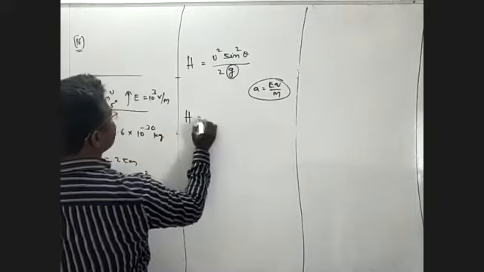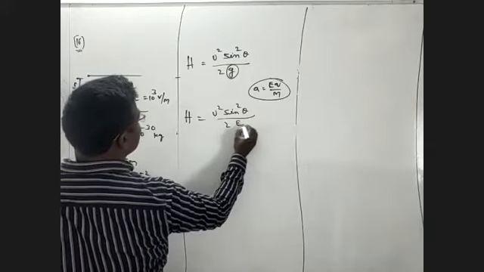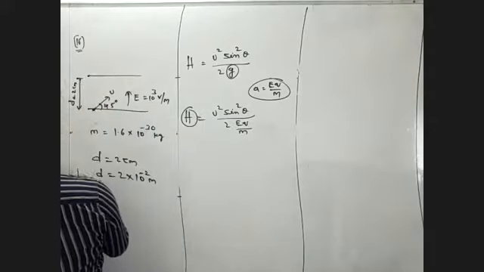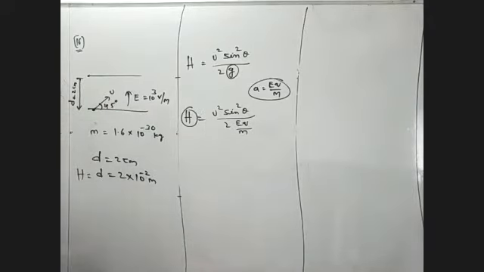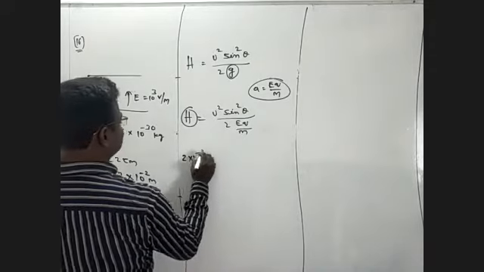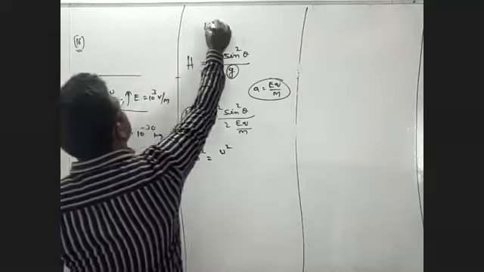So h is equal to u squared sin squared theta by 2 eE by m. This is taken as the distance between the two plates, 2 into 10 power of minus 2. We have to find out the u value.